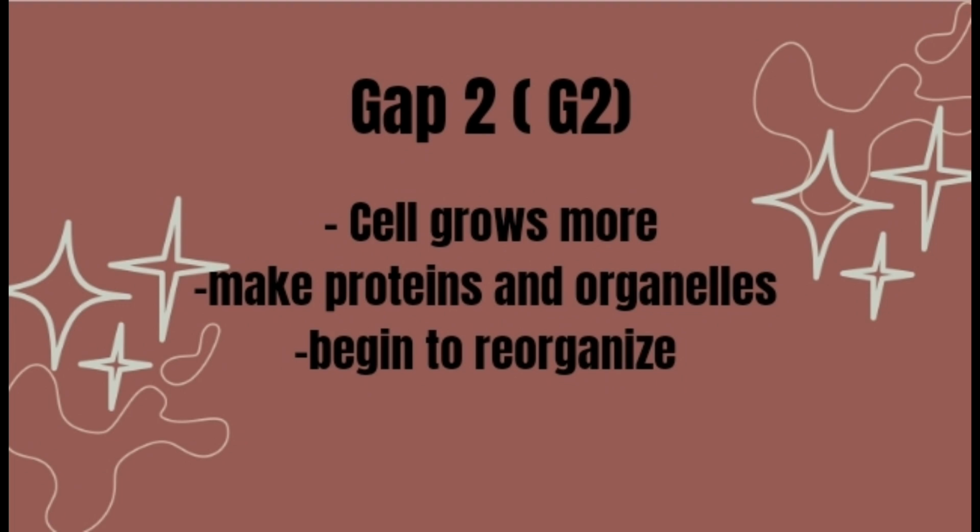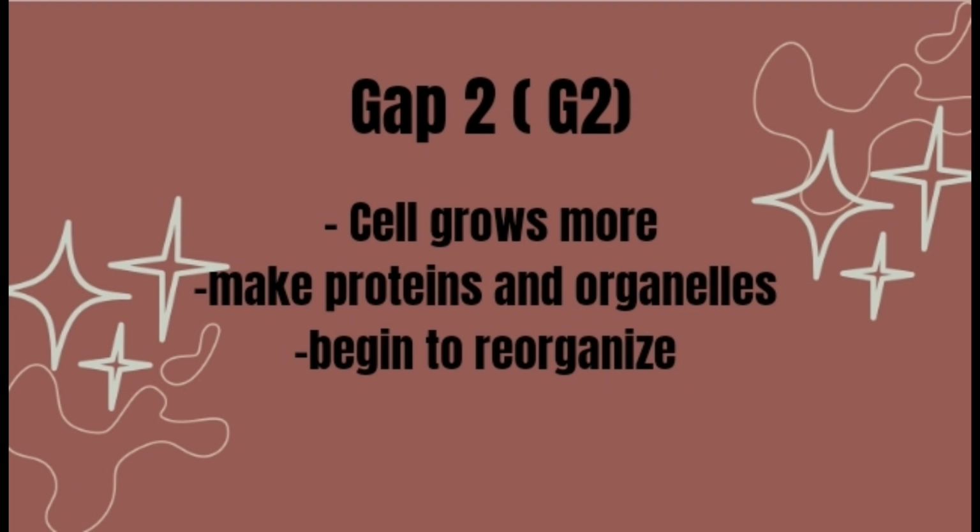The next one is the G2 phase. The G2 phase is a stage in the cell cycle that occurs after the DNA synthesis and before mitosis. During this phase, the cell prepares for division, wherein the cell grows, replenishes energy, and synthesizes proteins and organelles to prepare for mitosis.